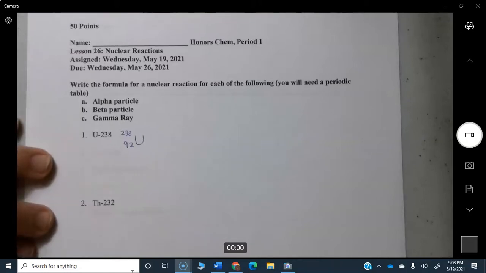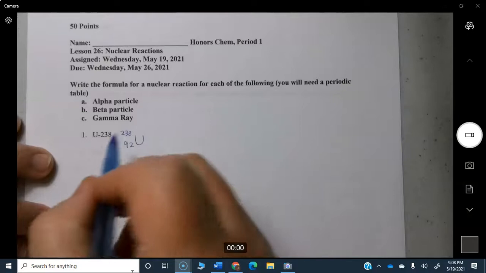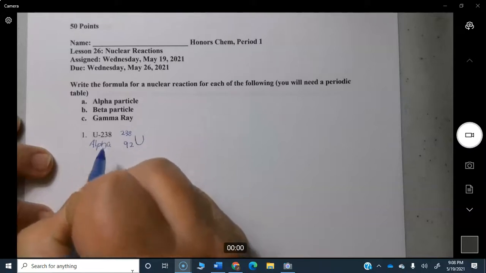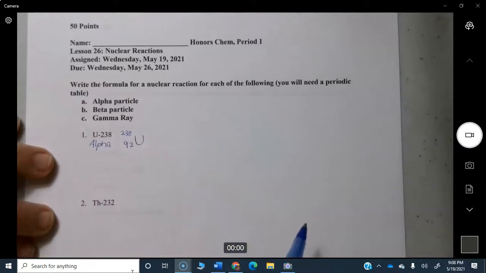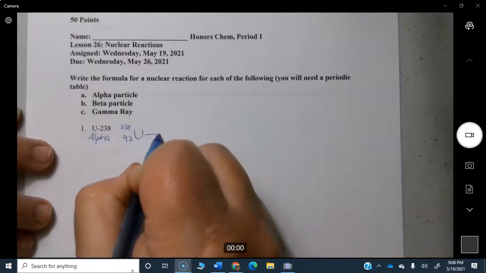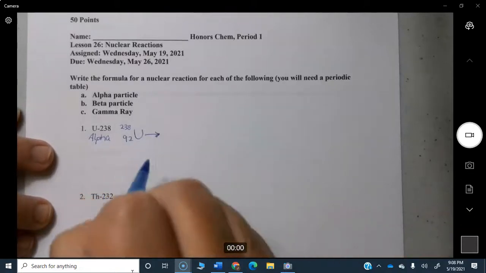Alright, the first thing we're going to do is an alpha particle. Again, you need to watch the instruction video to know what's going on here. An alpha particle is 2 protons and 2 neutrons, so this is going to decay and give off an alpha particle.